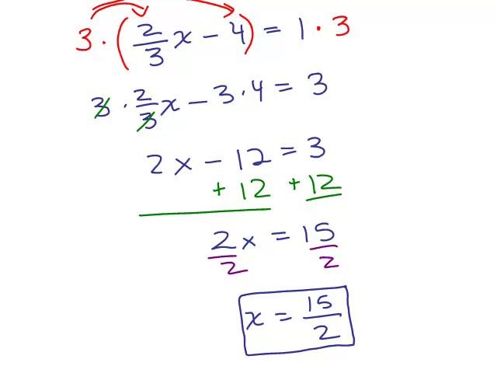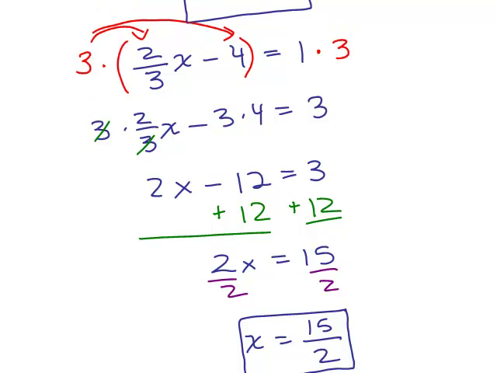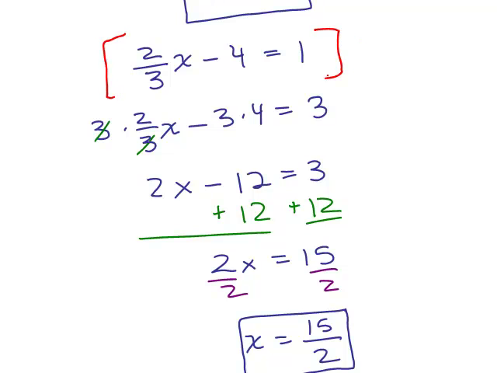All right. Now I'm going to show you how I usually write this. Instead of putting a 3 on one side and a 3 on the other side, I put a big bracket around the whole thing, and I say I'm going to distribute 3 to everything on both sides of the equation.